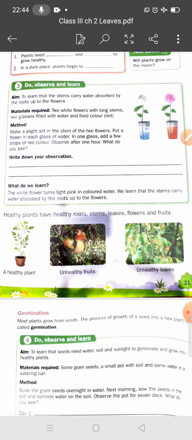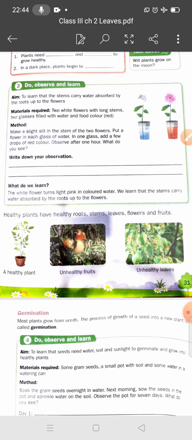You will observe that the white flower turns light pink or red, the color of the water. So we learn that the stem carries water absorbed by the roots up to the flower. In this activity, make a slight slit in the stem; a slit means a cut.